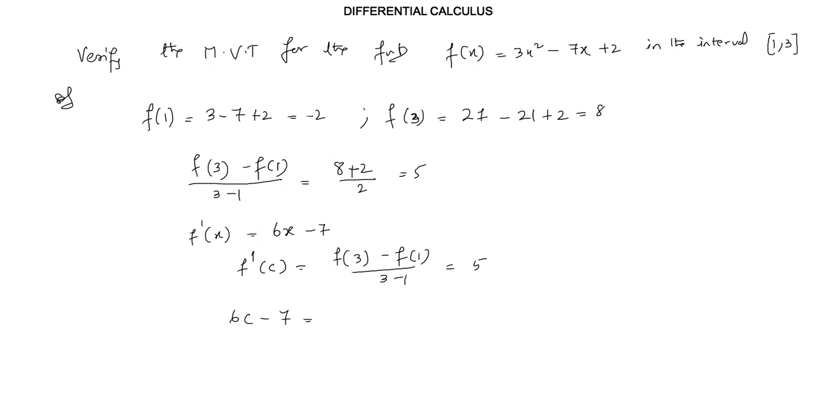Now 6c minus 7 is 5, so we get c value as 2, which lies between 1 and 3. It is interesting to note that the point c is the arithmetic mean of 1 and 3, so this is 4 by 2, which is 2.